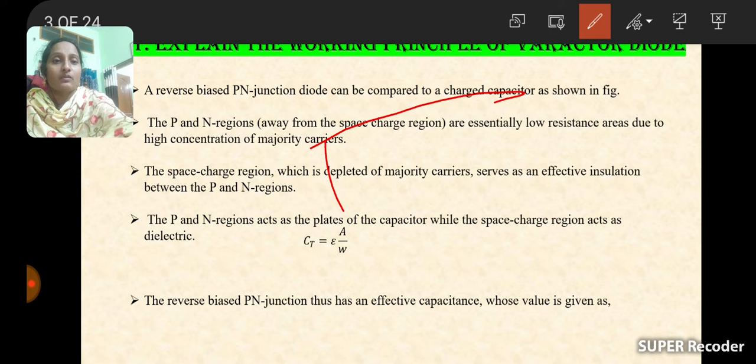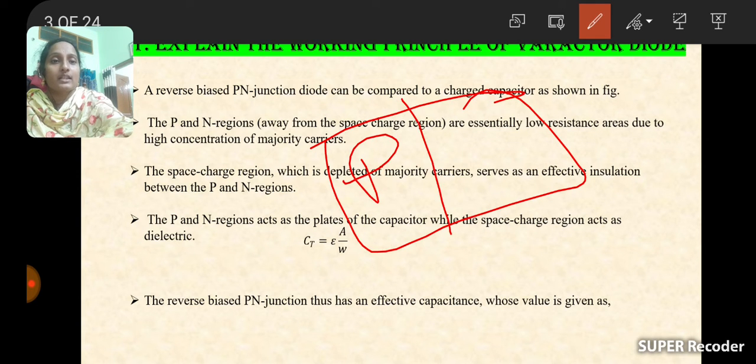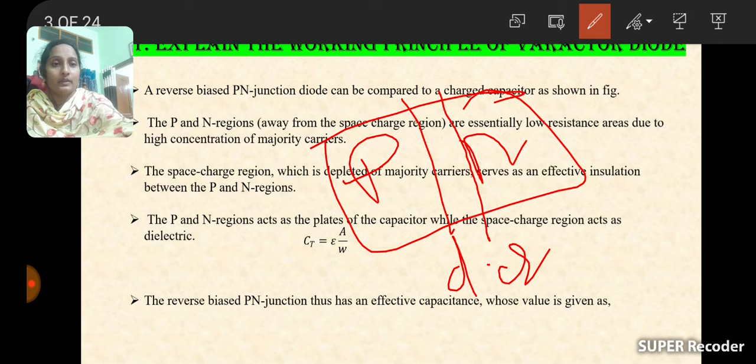First I would like to explain why it acts like a diode. Here a P-type semiconductor and an N-type semiconductor material are attached together to produce the diode. After some time, the depletion region develops. Because of the depletion region, the majority charge carriers, the holes, try to enter the N region but cannot enter.